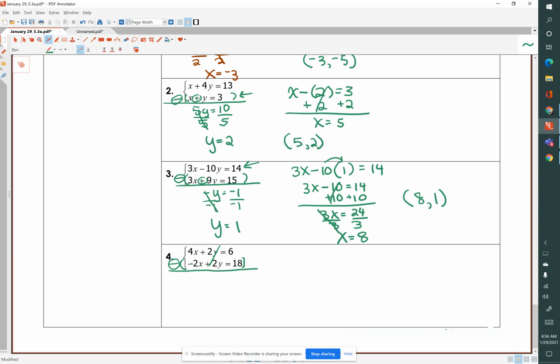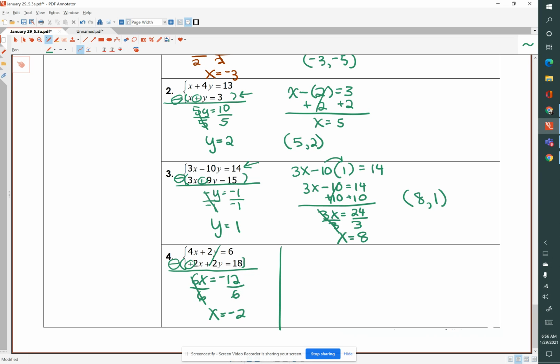Remember, subtracting a negative. So 4x minus negative 2x is 4x plus 2x, which is 6x, equals 6 minus 18, which is negative 12. We divide both sides by 6, and x equals negative 2.